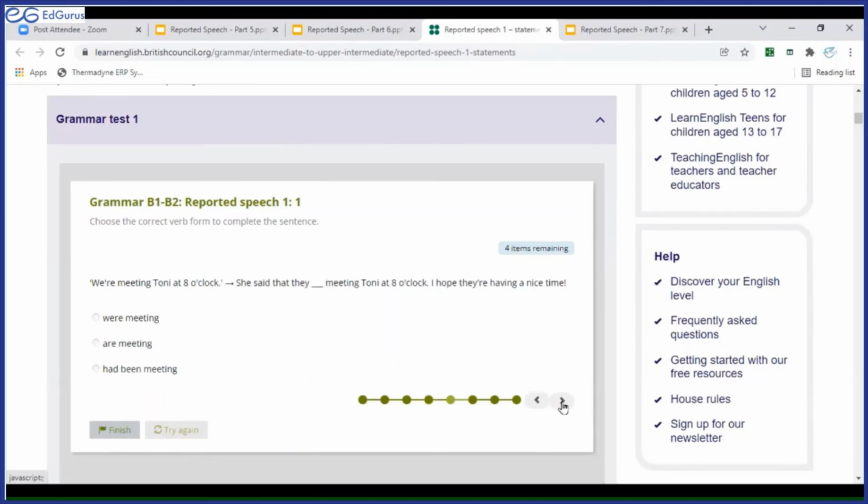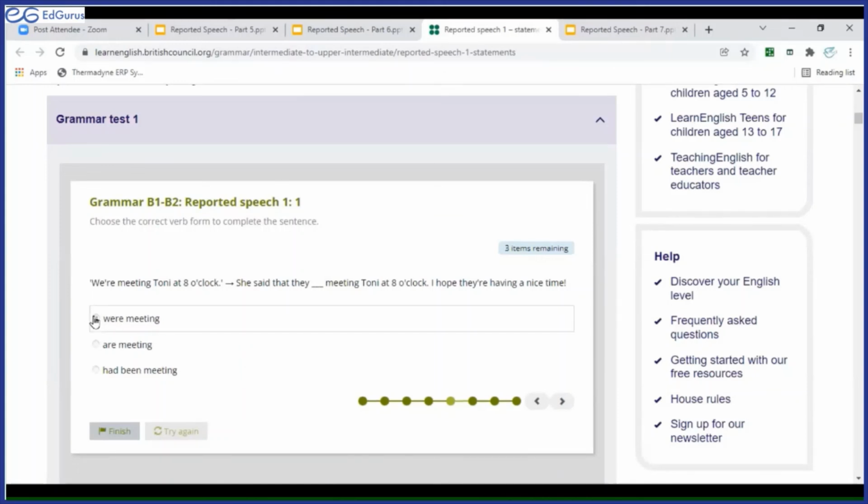Okay. We are meeting Tony at 8 o'clock. Ma'am, Tony means tonight? No. Tony is the name. Okay. She said that they were meeting.